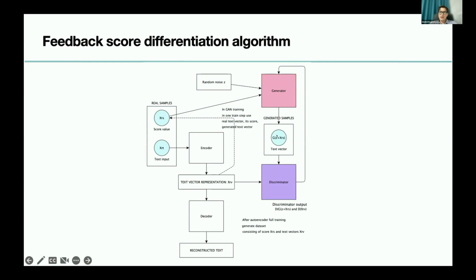These samples, along with the text vector representation from the autoencoder, meaning the real samples and generated samples, will be fed to the discriminator at the same moment. The discriminator will produce its output with a decision, real or fake samples, and propagate this decision back to the generator, updating its gradients. So this is the basic scheme of this model.